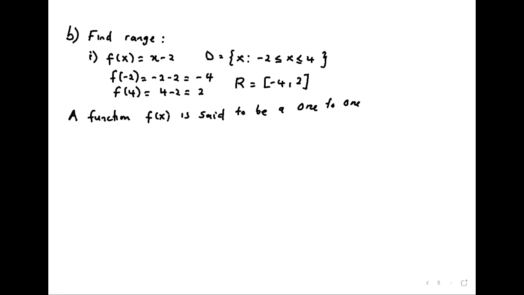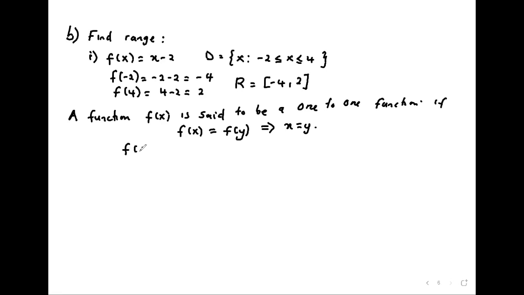So a function is said to be a one-to-one function if f of x is equal to f of y implies x is equal to y. What do we mean? Let's solve to determine if one is a one-to-one function.